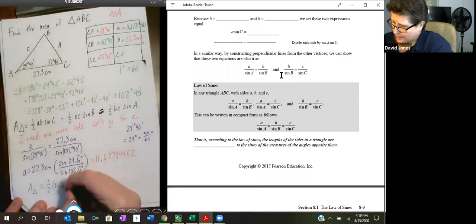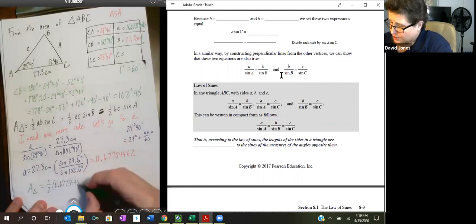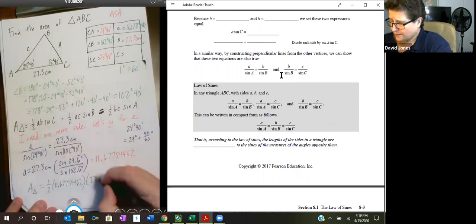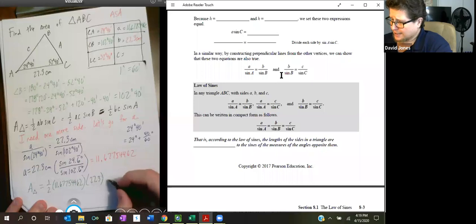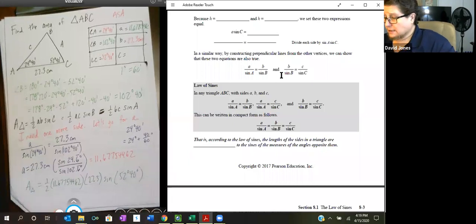That 11.67754462 times B is 27.3 times sine of C, 52 degrees, 40 minutes.